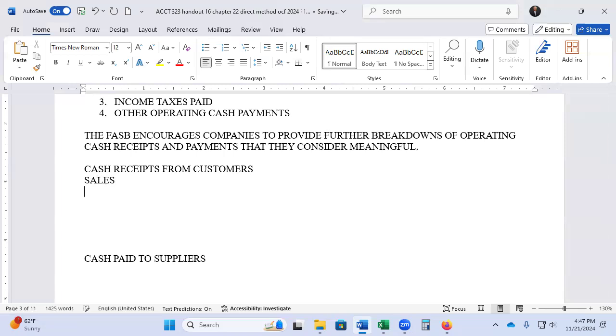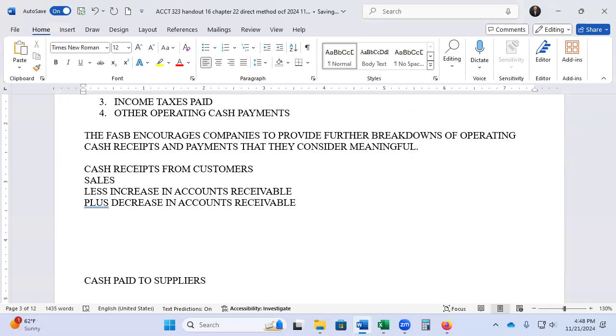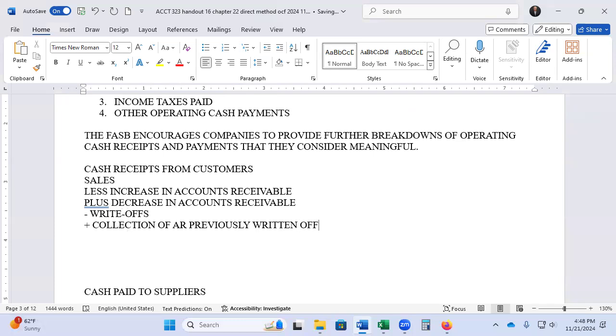You take sales, you subtract the increase, so I'm going to say less the increase in accounts receivable, plus decrease in accounts receivable, minus write-offs, plus collection of AR previously written off, and that equals your cash collections.